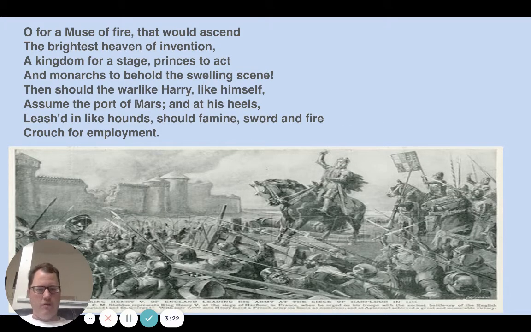Then should the warlike Harry, this is Henry V, like himself, assume the port of Mars. This man Harry that we knew as a young boy in the Henry IV plays is now King Henry, who has the sort of body and image of Mars, the god of war. And at his heels, leashed in like hounds, should famine, sword, and fire crouch for employment.